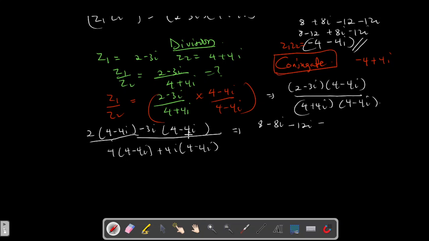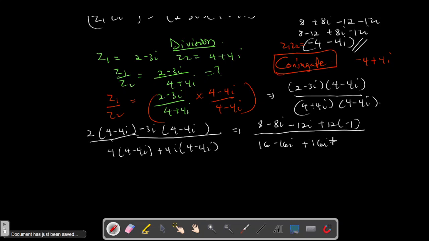The negative 3 and negative 4 give me positive 12, and the i and the i give me negative 1. Then the denominator: I'll have 16 minus 16i plus 16i. Then 4 times 4 is 16. I'll have plus 16 open bracket, I times negative i, that will give me positive 1.